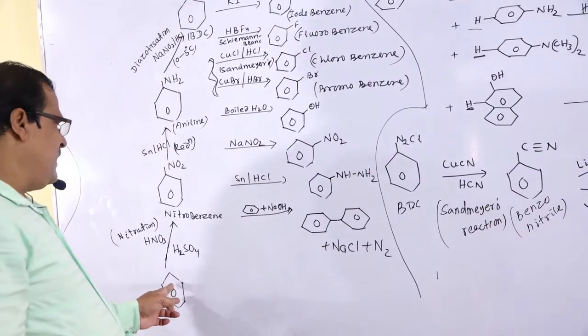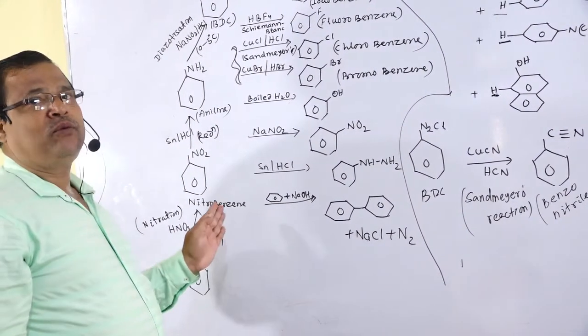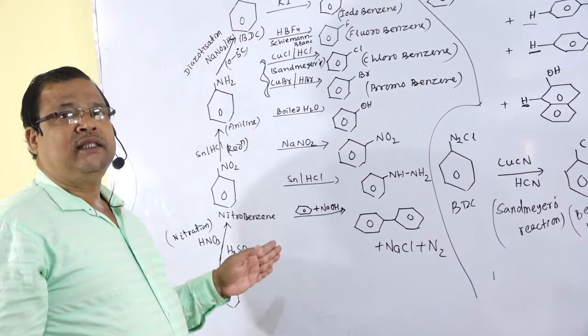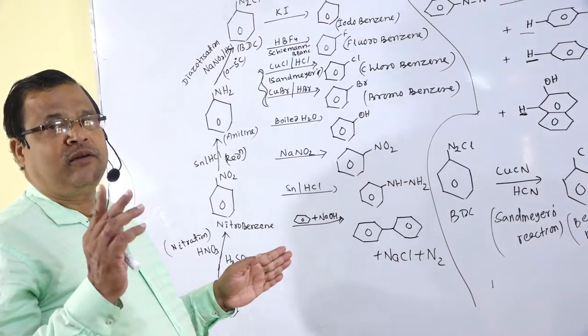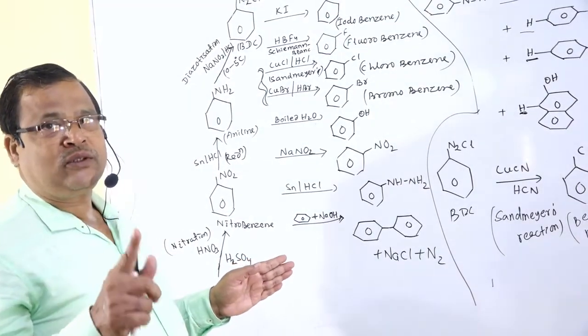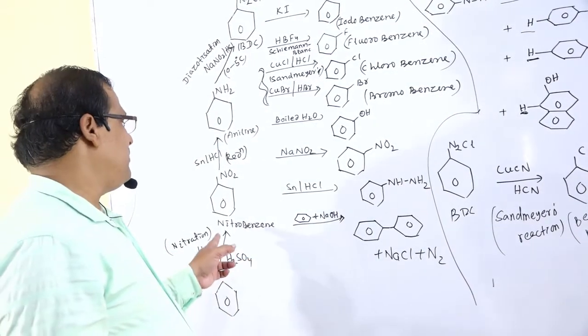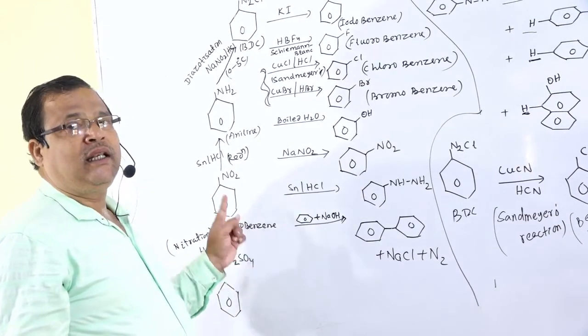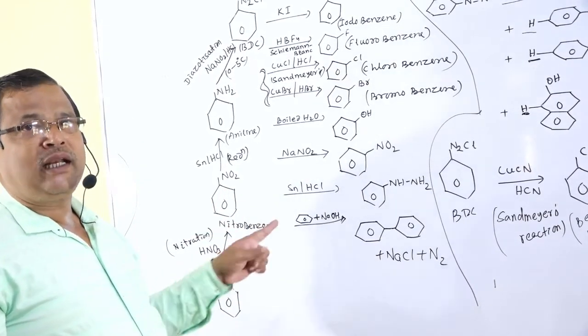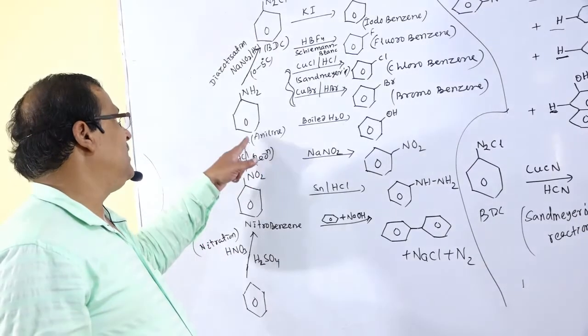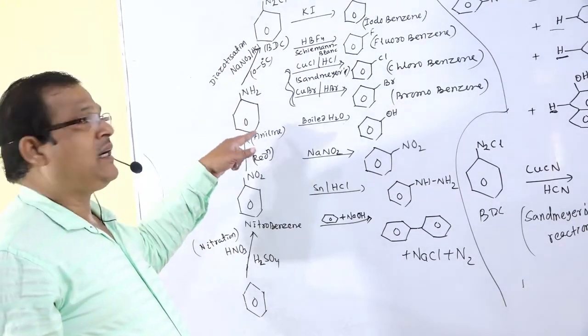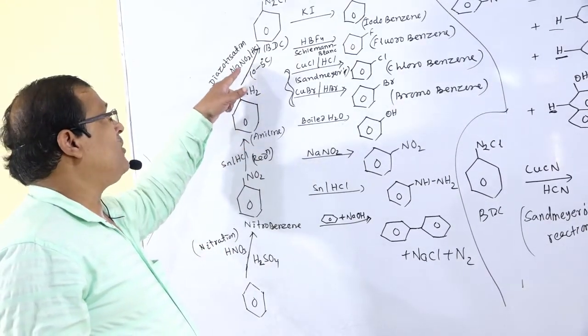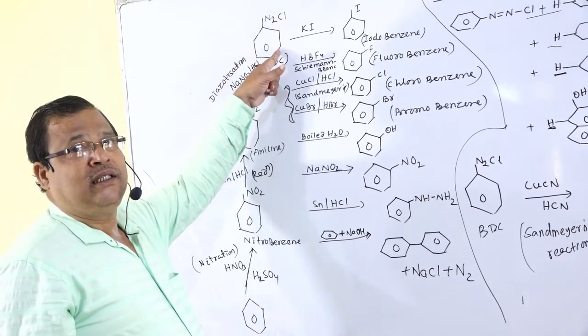First we have to remember that benzene reacted with HNO3 and H2SO4 forms nitrobenzene. Nitrobenzene treated with tin and HCl forms aniline. Aniline treated with NaNO2 and HCl forms BDC.